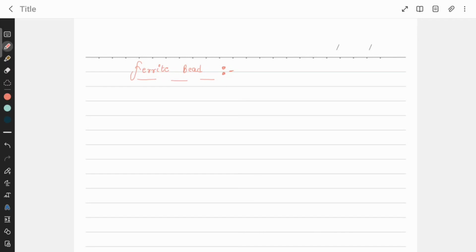We know that home appliances, and a lot of appliances, are related to high frequency. First we discuss the Ferrite Bead.